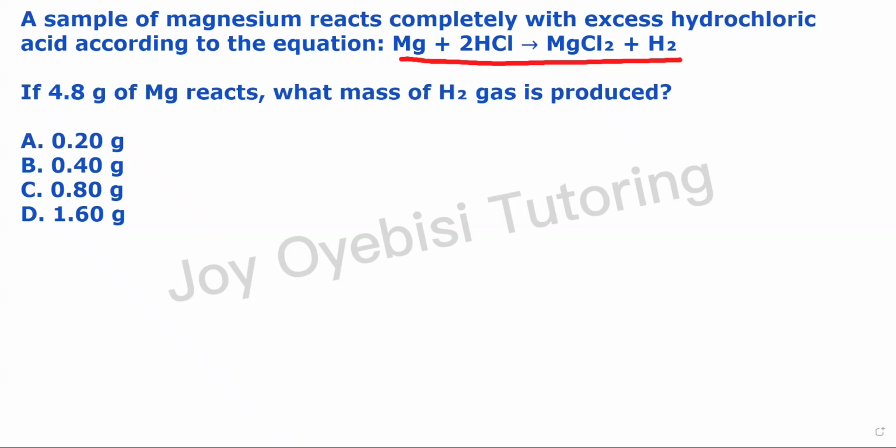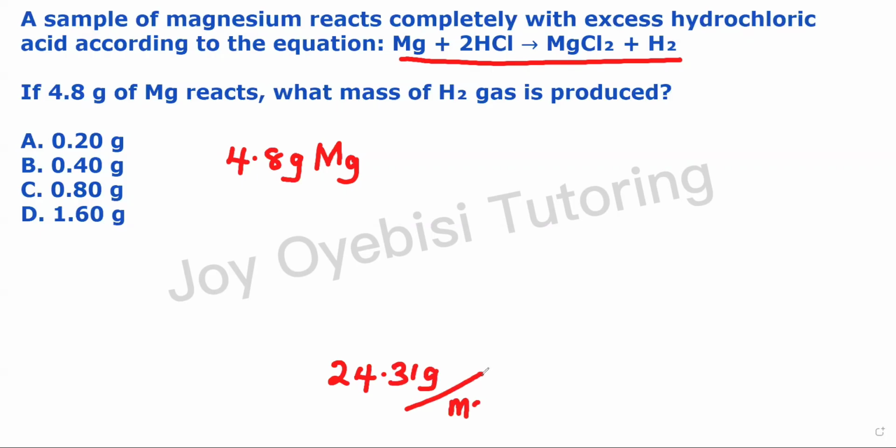So we're going to start with 4.8 grams of magnesium. Now, because this is in grams, we're going to convert that grams to moles before we continue. So to do that, we need the molar mass or the atomic mass of magnesium, which is 24.31 grams per mole.